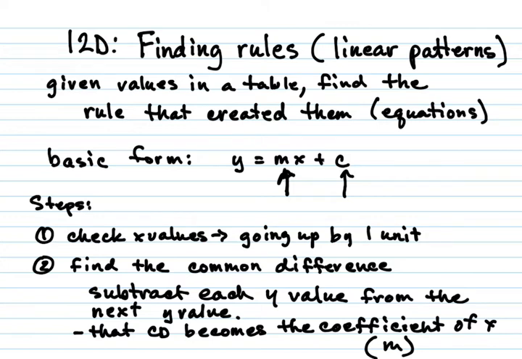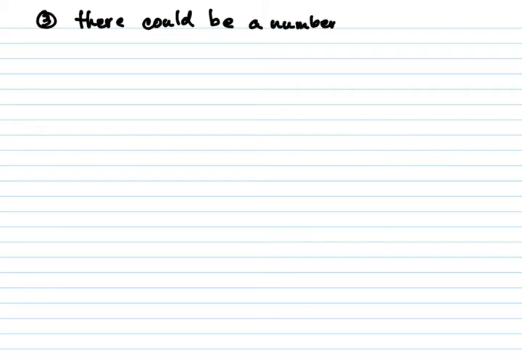Now, the coefficient of the x term is just one of the pieces that I don't know. I then have to find the c, or the constant term, if there is one. So the next step is, there could be a number added or subtracted to the x term.